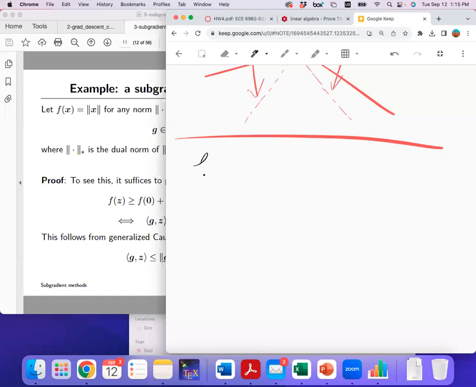For example, Lp and Lq form a primal dual pair if 1/p plus 1/q equals 1.